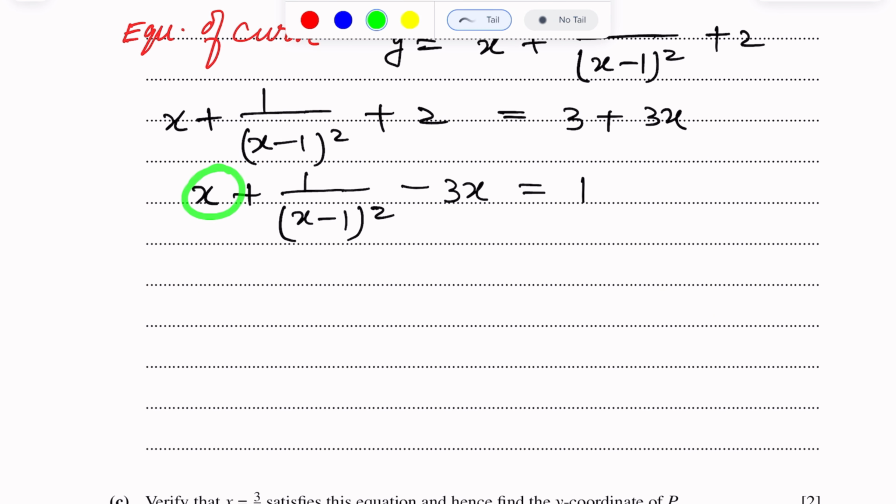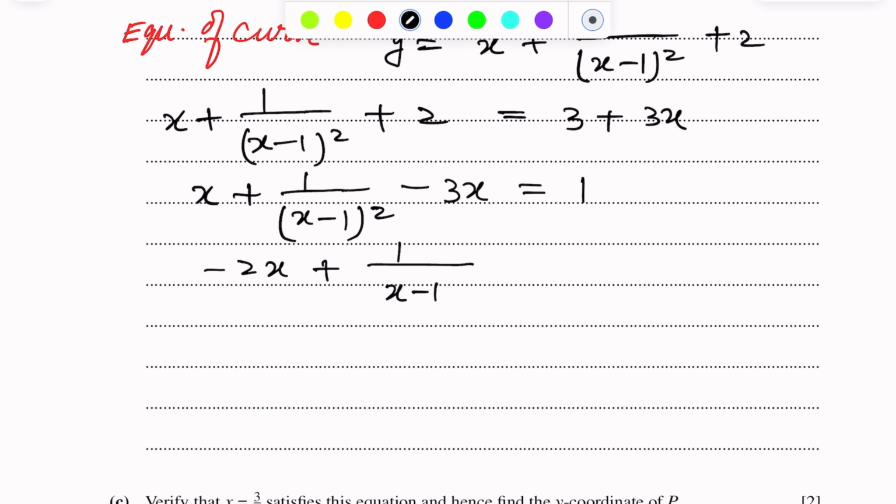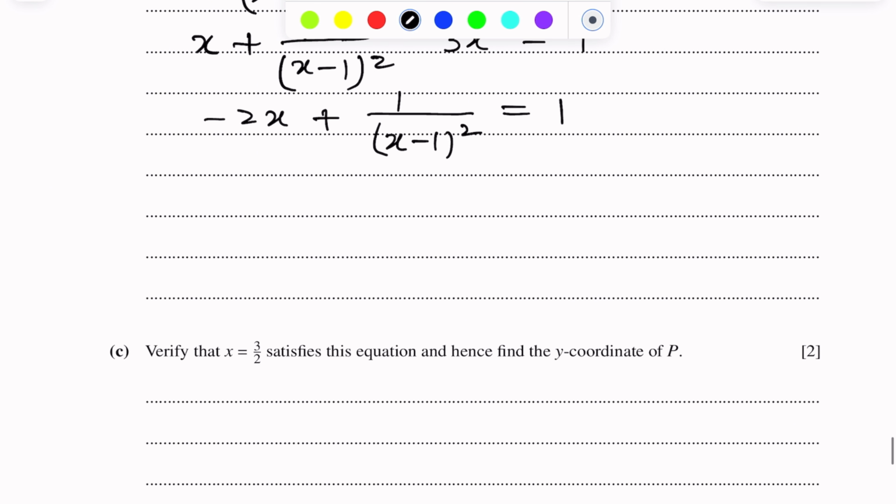Minus 3x plus x, that is minus 2x. Minus 2x plus 1 over (x minus 1) whole square is equal to 1. Now 1 over (x minus 1) square will be 1 plus 2x.